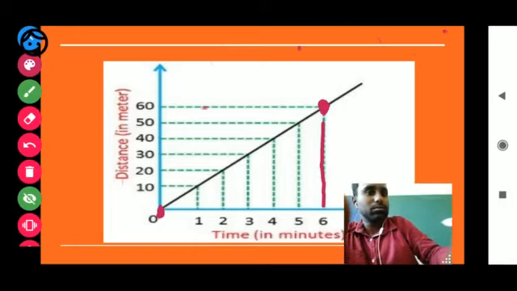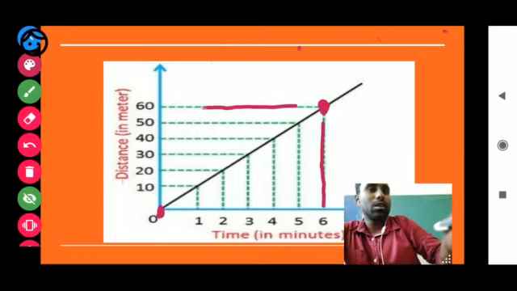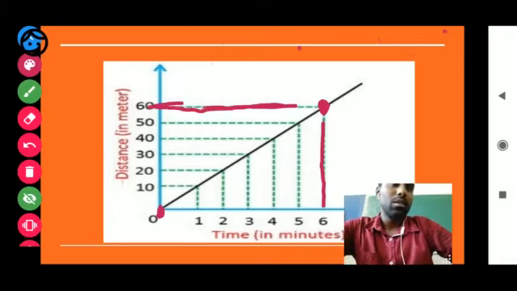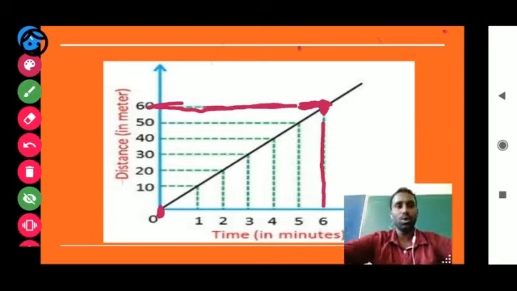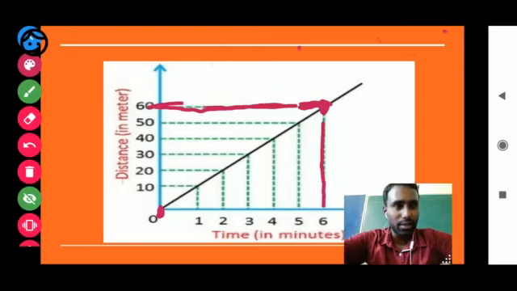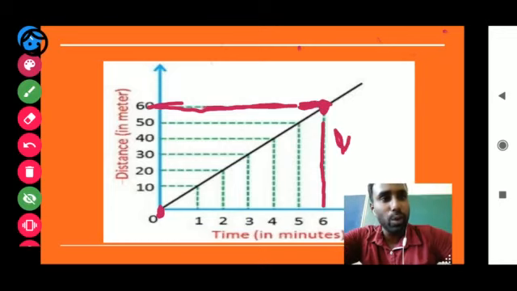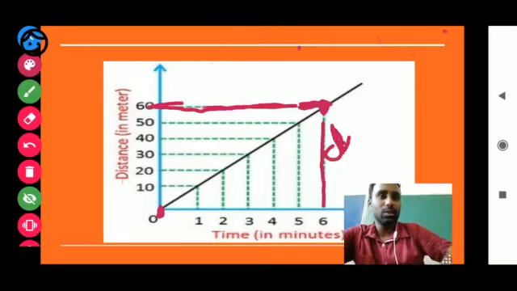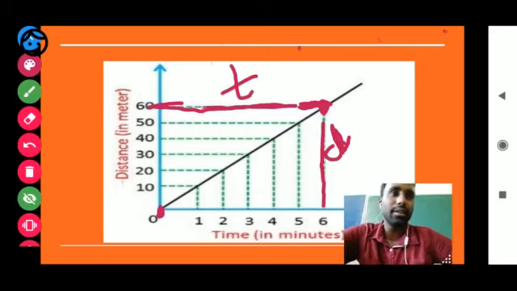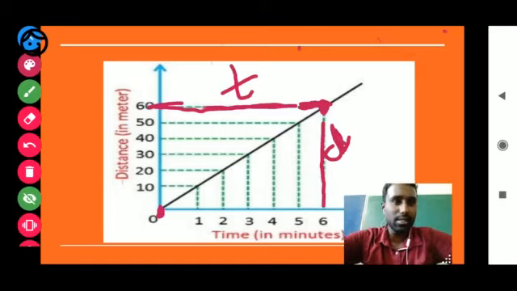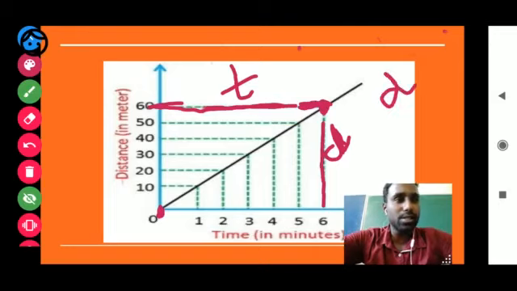This is your y-axis, distance. In the x-axis, this is time. So if you take the ratio distance divided by time, we can call it speed. So from the given distance-time graph, we can find how much speed it is going.